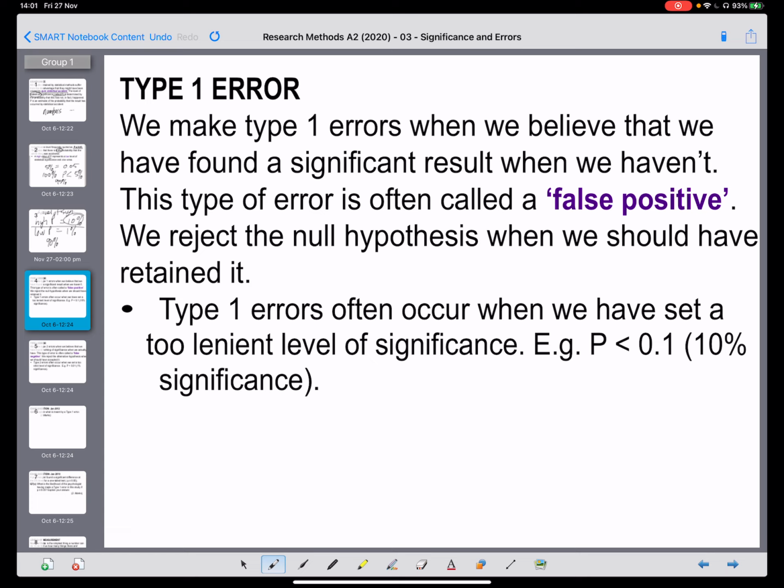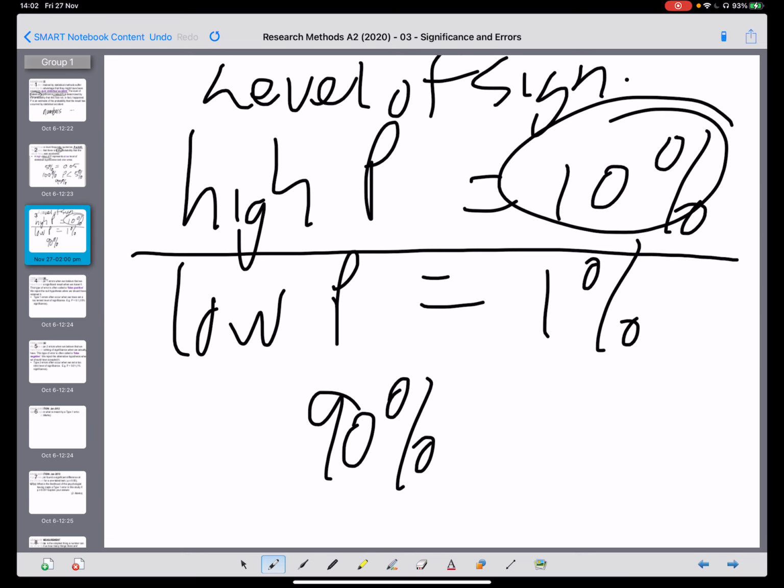So what are these errors I'm talking about? Well, they're very unimaginative, and we see them as being type 1 and type 2 errors. They could have come up with better names. A type 1 error, let's go back to this idea of 10%, means that I think maybe 10% of my data is going to be down to pure statistical accident.